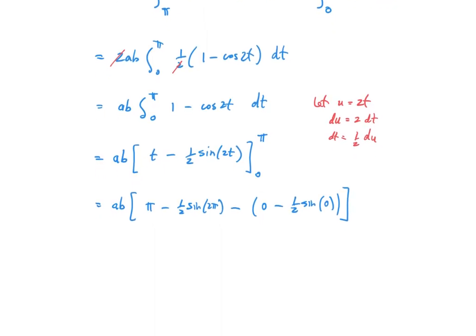And sine of 2 pi is 0. Sine of 0 is also 0. So at the end, when we simplify, we're just going to get a times b times pi as our final answer. This is an area, so let's tack on units squared, since no units are specified, and we'll highlight our final answer like so.